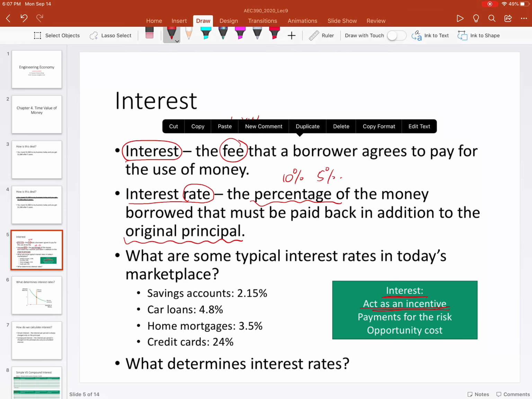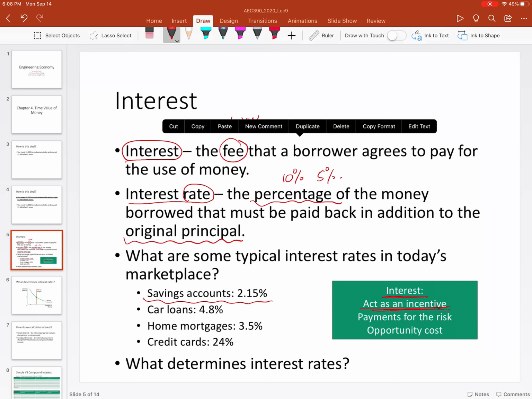But in addition to that, you need to pay some interest, and the interest is the product of the interest rate and the initial money you borrowed. So that is interest rate. On the market, every day we can see different interest rates.